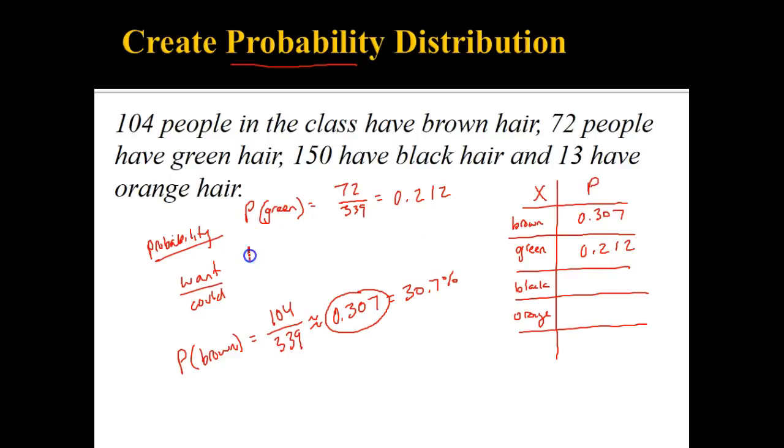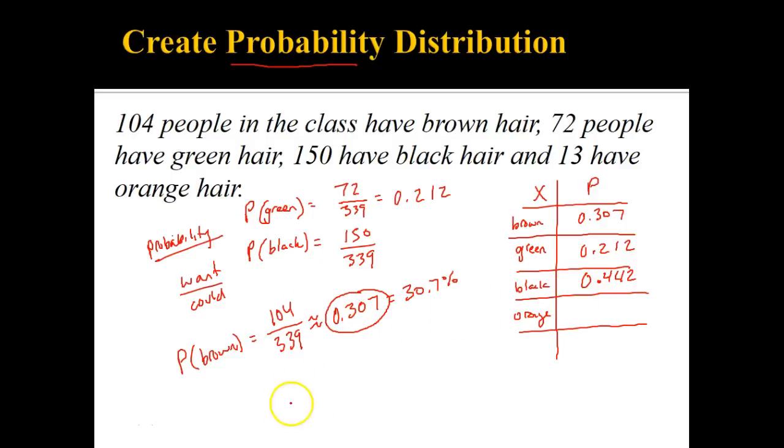Then we'll do the probability of black, and that's 150 out of 339. Now notice 150 is half of 300, so it's going to be almost 50%, a little bit less. And indeed it is at 0.442, so 44%.